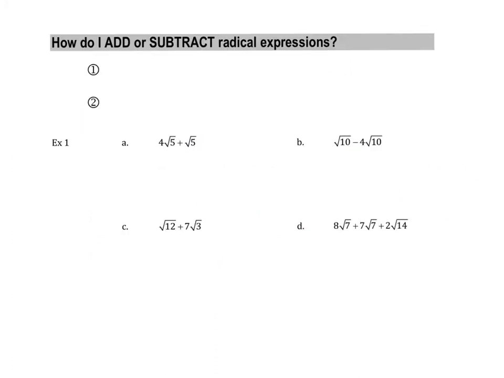So the big question for this day is, how do I add or subtract radical expressions? And so we have 2 steps we're always going to follow. The first step is we're going to simplify each radical. Okay, and the second step is we're going to combine like terms.